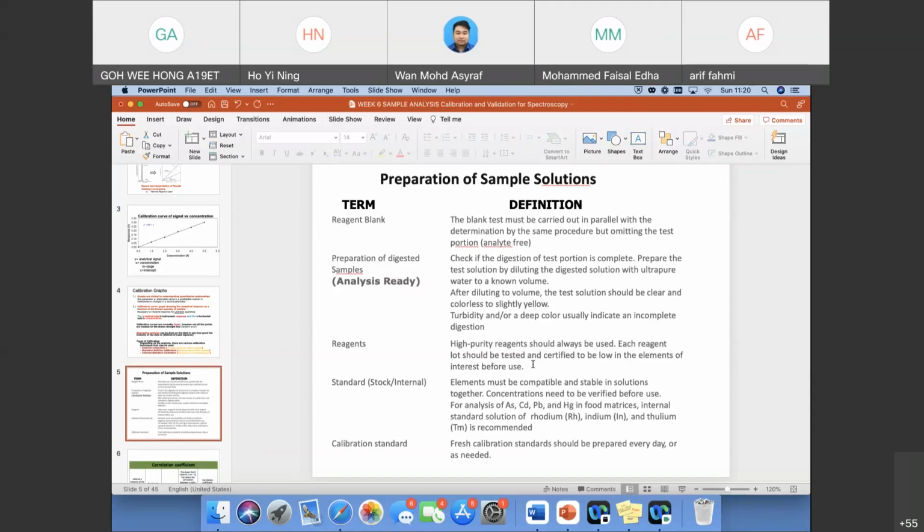Your standard has a known quantity. Maybe 1000 ppm, and then you dilute that standard to become 1 ppm. That is your standard stock.